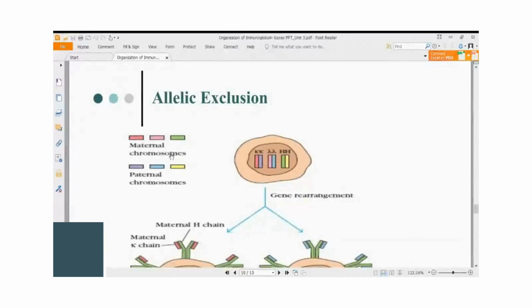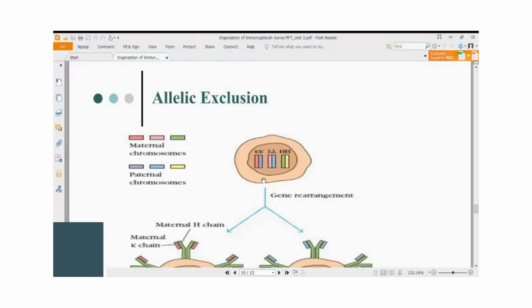They are chosen randomly, and when the choosing takes place randomly, there could be productive and non-productive gene combinations. Here, they have shown kappa gene, lambda gene, and heavy chain gene in pairs, that is maternal and paternal chromosomes. That is the heavy chain gene on the 14th chromosome, having maternal and paternal, the lambda chain gene on the 22nd chromosome, paternal and maternal, and the kappa chain gene on the 2nd chromosome, maternal and paternal. Different color combinations they have shown.